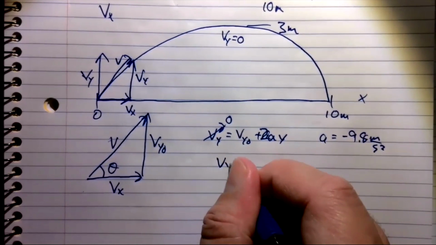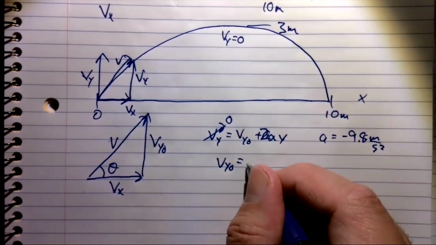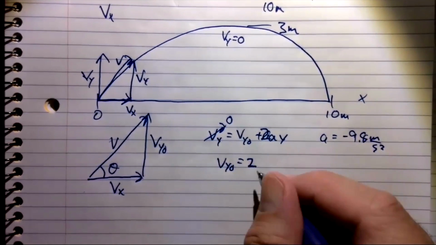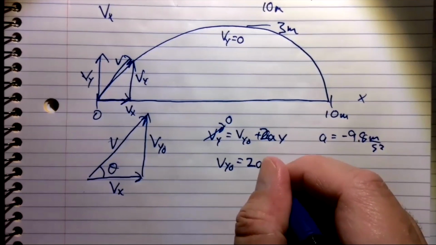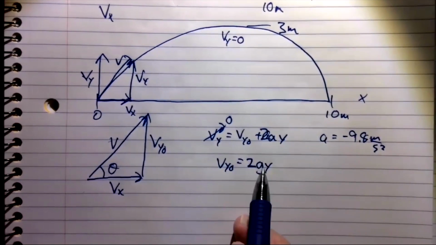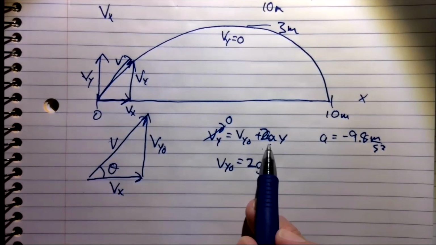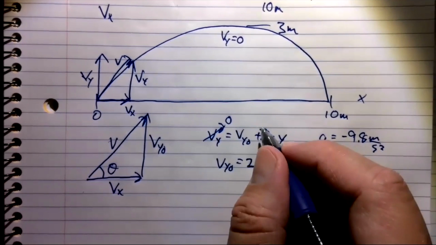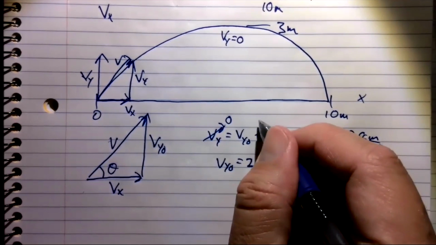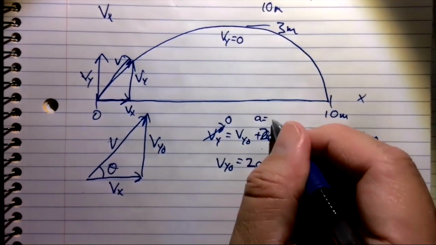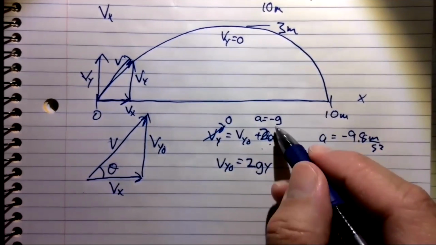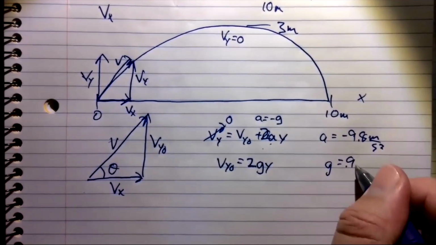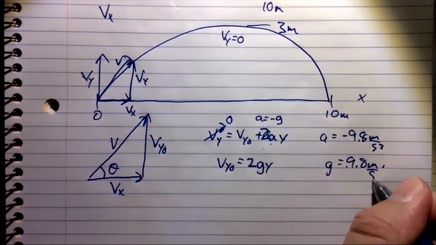So what we end up with is Vy0 equals 2Gy. I'm going to substitute in for a, so a will equal minus G, where G is 9.8 meters per second squared.